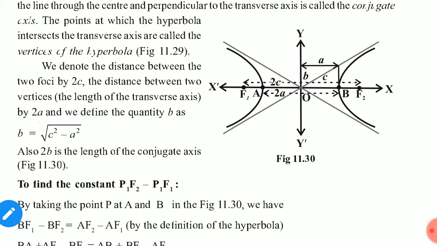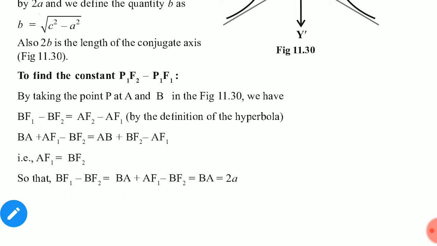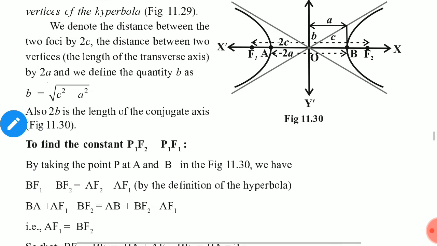So now, how to find the constant distance PF2 minus PF1? So this distance you have to count. As we saw, all the differences are always constant, but what is the value of this constant?